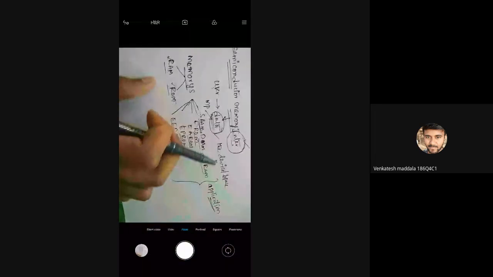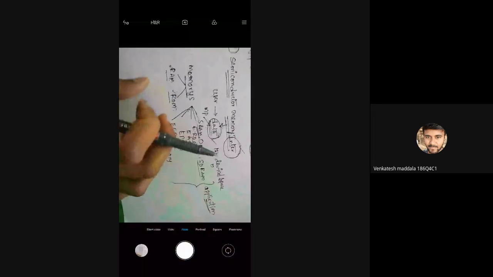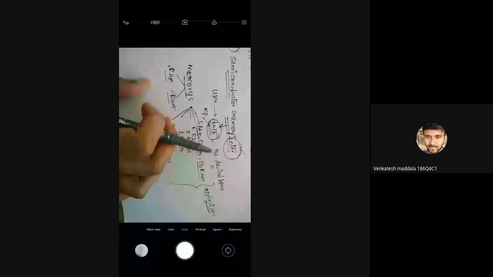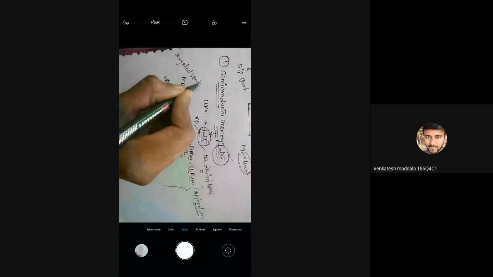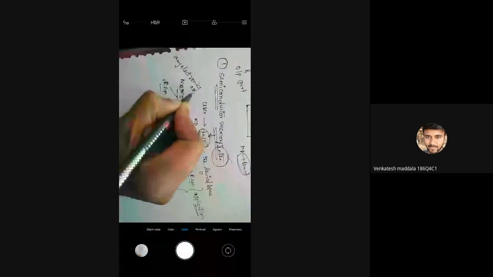Semiconductor memory is used in any electronics assembly and programming by a computer.